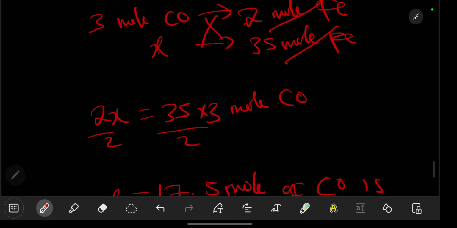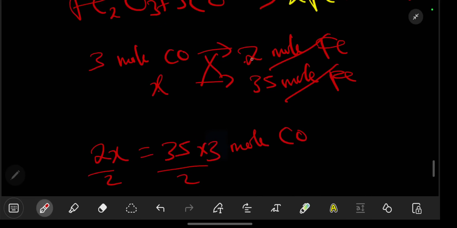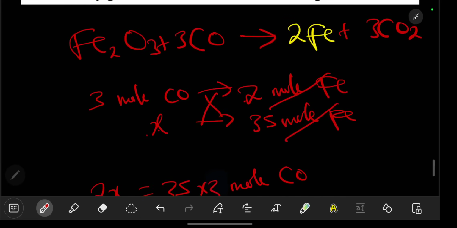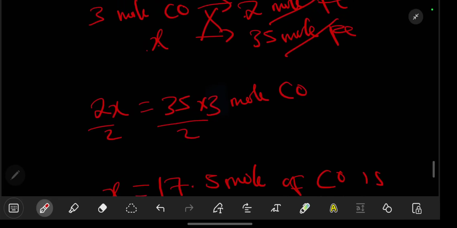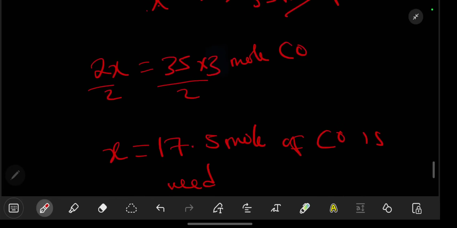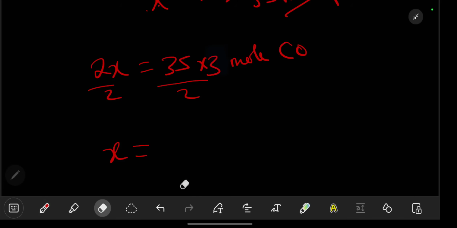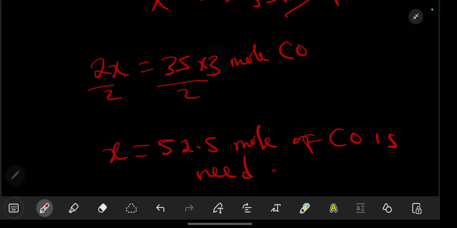The 2 is okay, so the equation has to be balanced. So we have our 35 times 3, this gives us a value of 105, divided by 2. This will give us 52.5. So we are going to say 52.5 moles of CO is needed, like that.